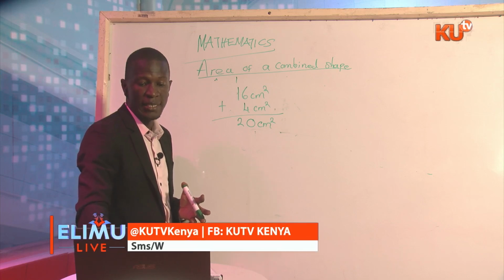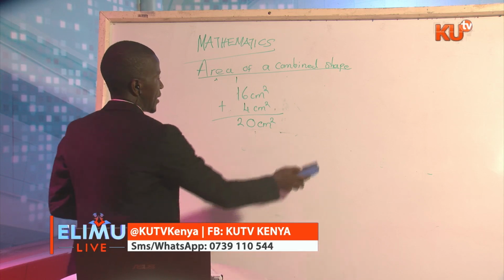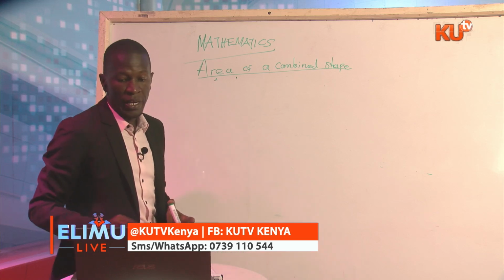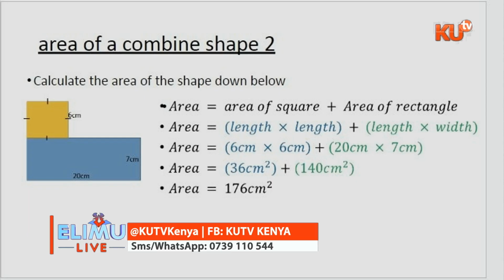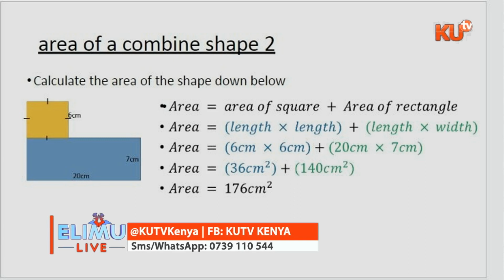We shall look at example 2. Area of combined shape, example 2. Calculate the area of the shape drawn below. You can see it on your screen. The first thing before you work out that area, you need to identify which basic shapes are in that combined shape.